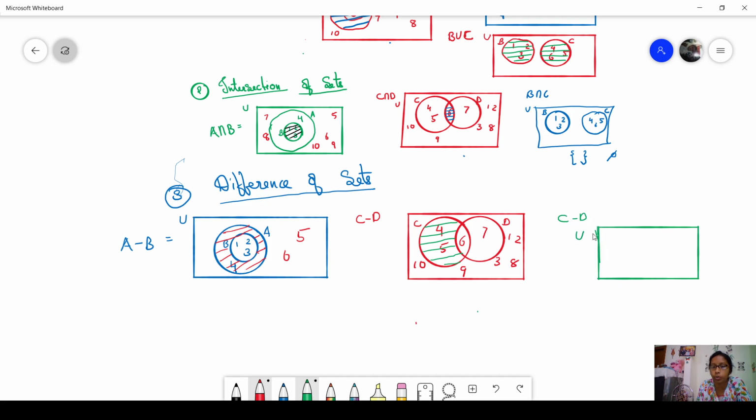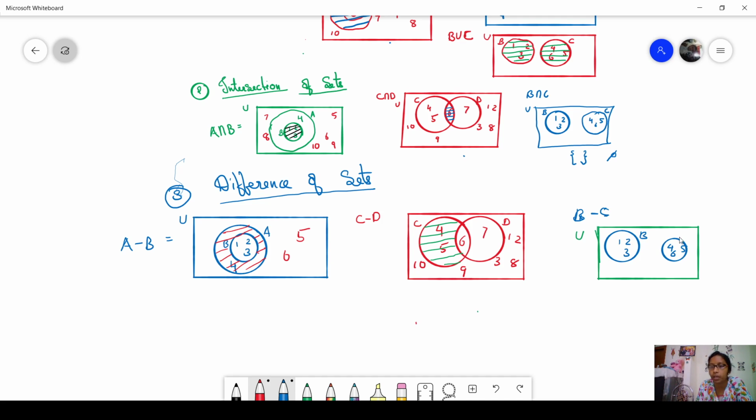this is U and, if we are taking the other, if we are taking B intersection C, we are taking B minus C. When B is there, C is there, 1, 2, 3, 4, 5, 6.